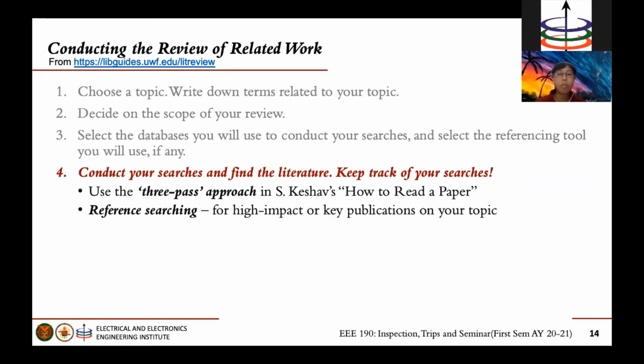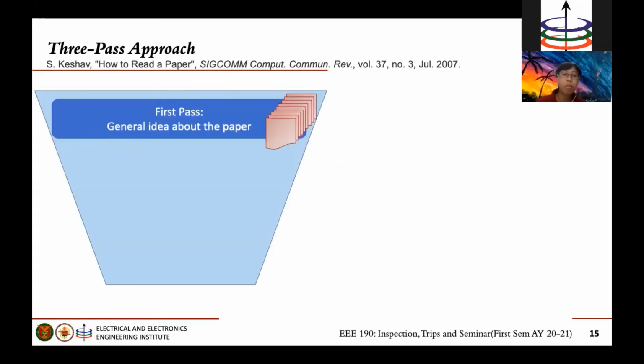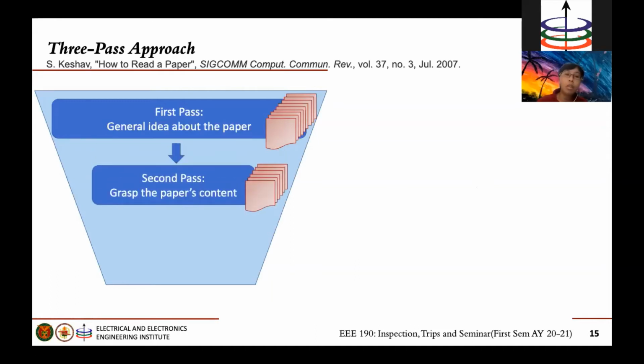So what is this 3-pass approach? The paper is up in Oble already. The first pass, most of the papers will just be for the first pass. The first pass will give you a general idea about the paper. The second pass will allow you to grasp the content. And then the third pass will allow you to understand the paper in depth.